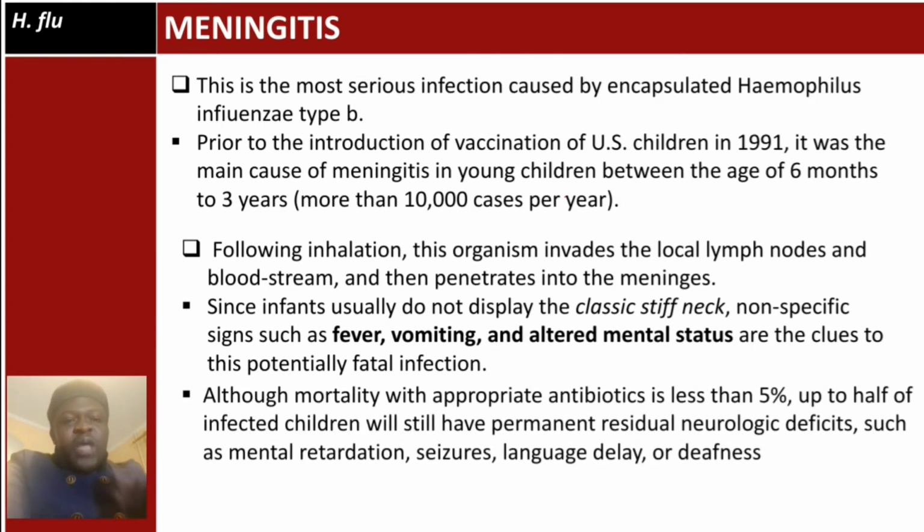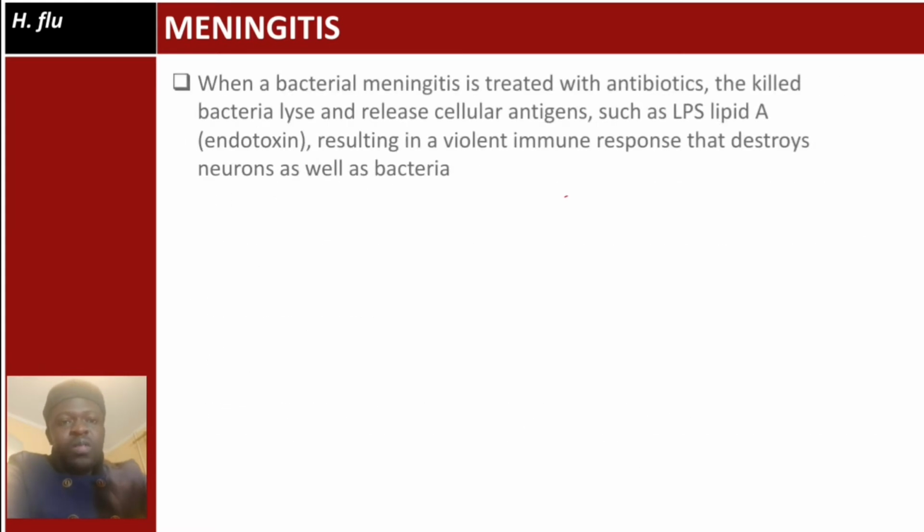Although mortality with appropriate antibiotics is less than 5%, up to a half of infected children will still have permanent residual neurological deficits such as mental retardation, seizures, language delay, or deafness. When bacterial meningitis is treated with antibiotics, the killed bacteria will undergo a process called what?